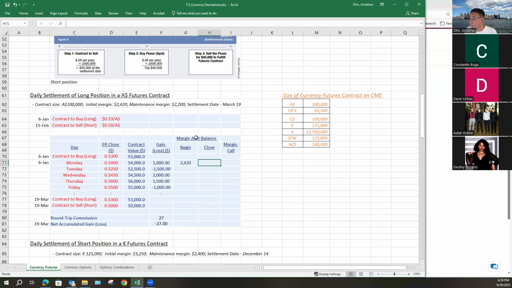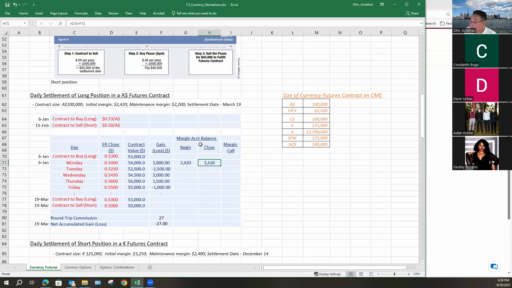The closing balance, account balance will be your initial plus the gain for the day. So here's this one, $3,420. That is your closing balance, right? Ending balance.